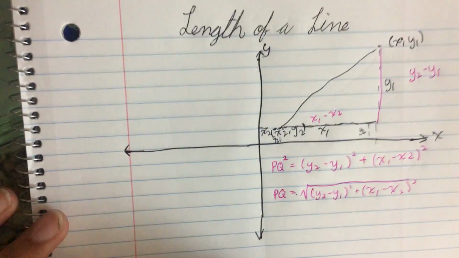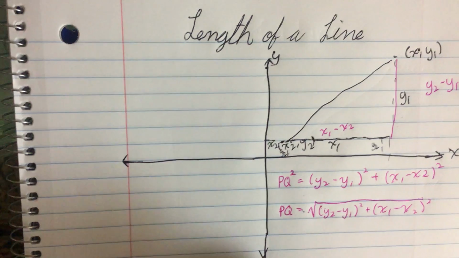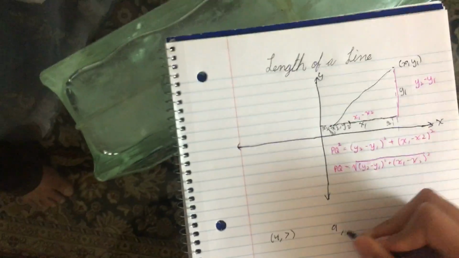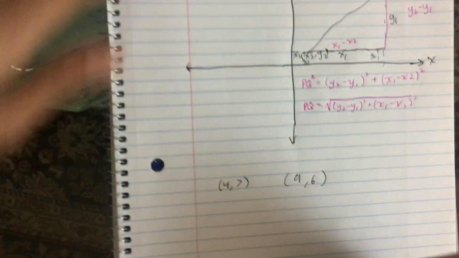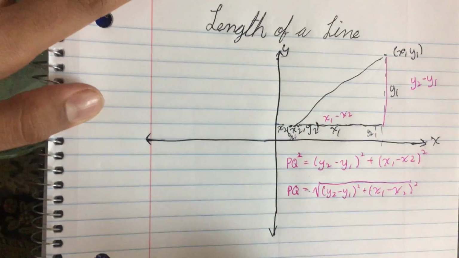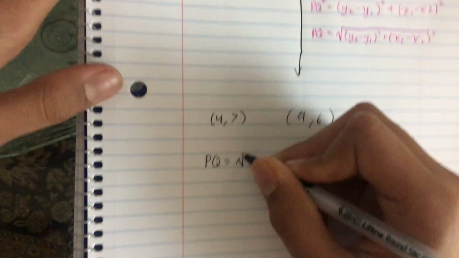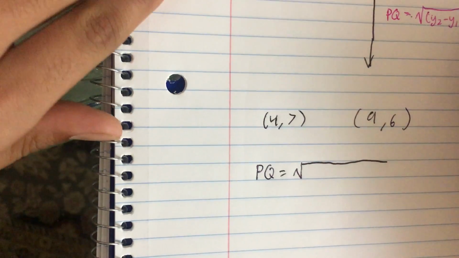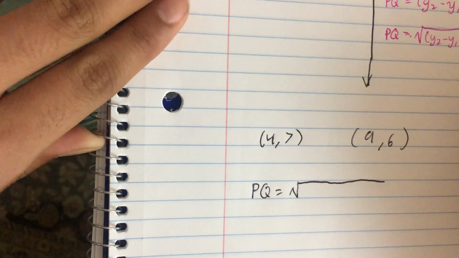So now let's do some sample problems. If we were given the two coordinates, perhaps 4, 7 and 9, 6, we could just plug these into the formula. PQ is equal to y2 minus y1 squared plus x1 minus x2 squared.